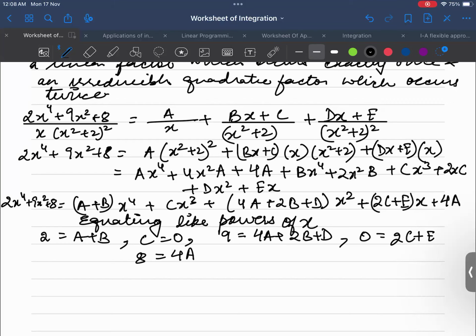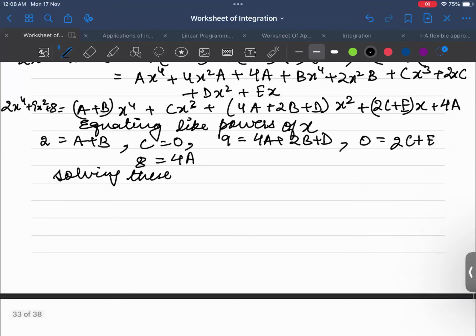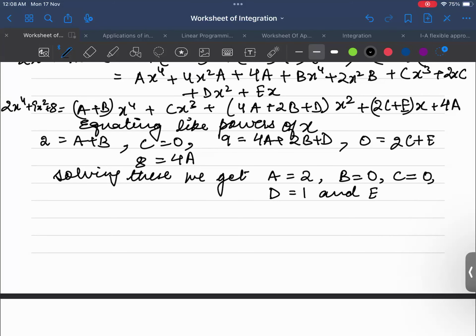Now, when we solve these equations, we get a equals 2, b equals 0, c equals 0, d equals 1, and e equals 0. I think it's clear.